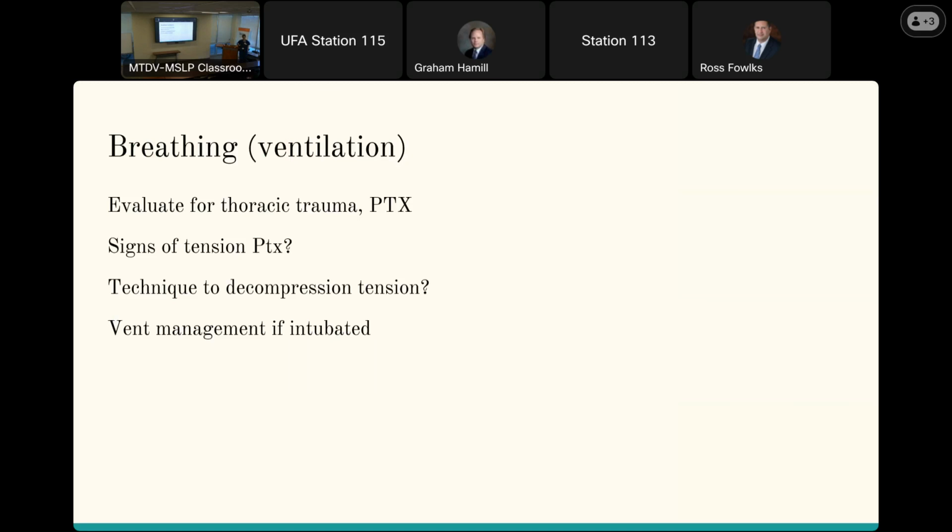ATLS, the 13th edition, has now transferred all recommended decompression to the axillary, so it's important that you can go a little bit higher, but that's just to avoid thinking. They also surmise that there's going to have to be a chest tube that we have to put in anyway.